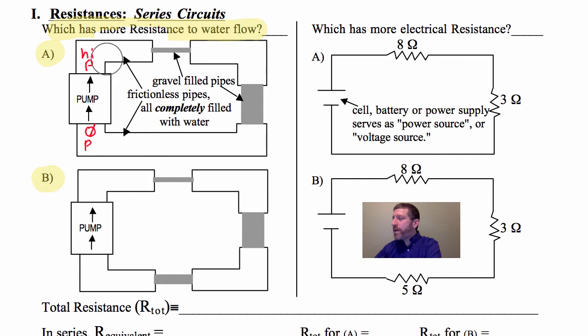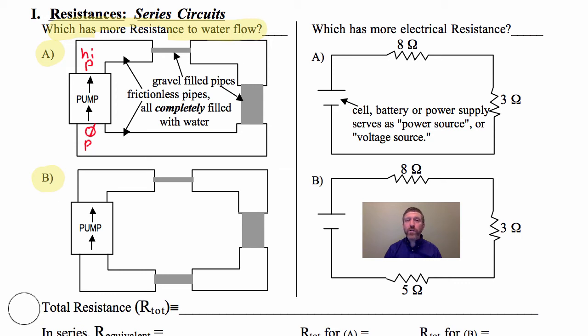In situation A, there's a narrow gravel-filled pipe followed by a wide gravel-filled pipe. And for choice B, we've got a narrow pipe, a wide pipe, and another pipe right there. My question to you is, which has more resistance to water flow, A or B? Go ahead and take your guess, and we'll see what happens.